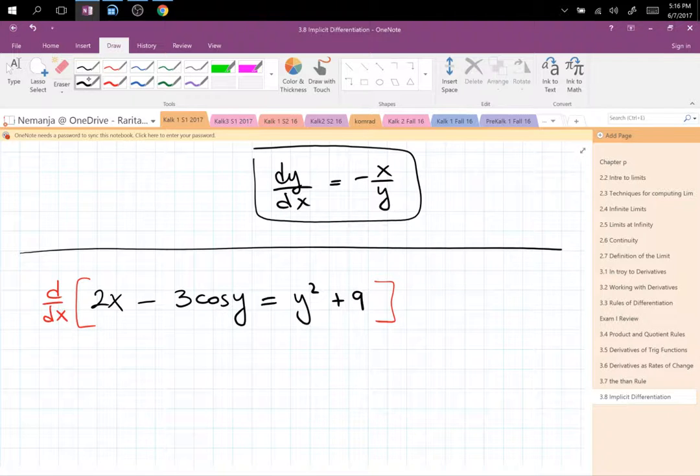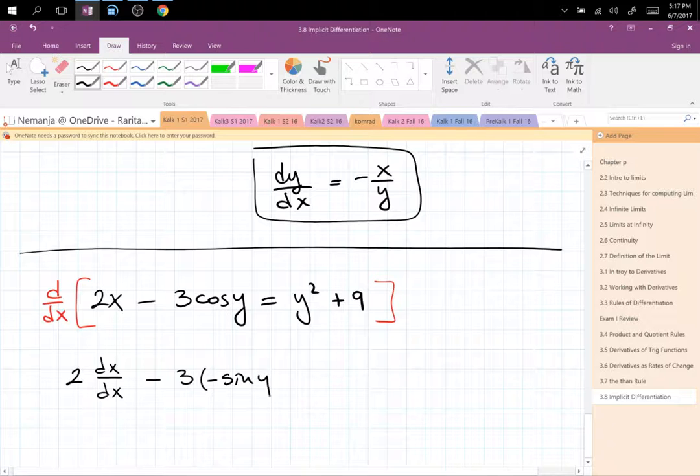What's the derivative of 2x? 2. So 2, and I took the derivative of x in respect to x. Awesome. Moving to the next term. What's the derivative of cosine y? Negative sine y. And then I follow with the chain dy dx because I took the derivative of y in respect to x.